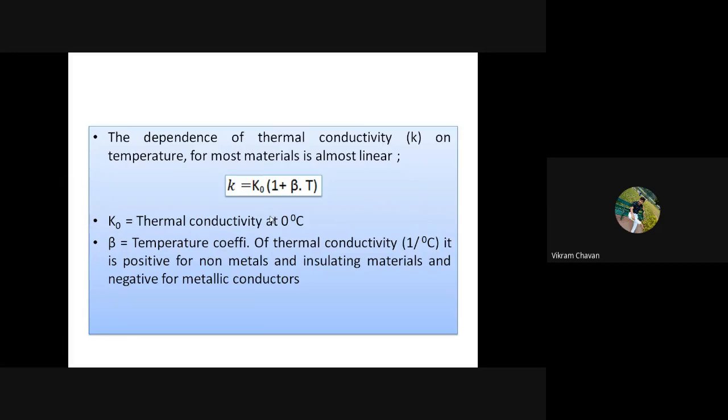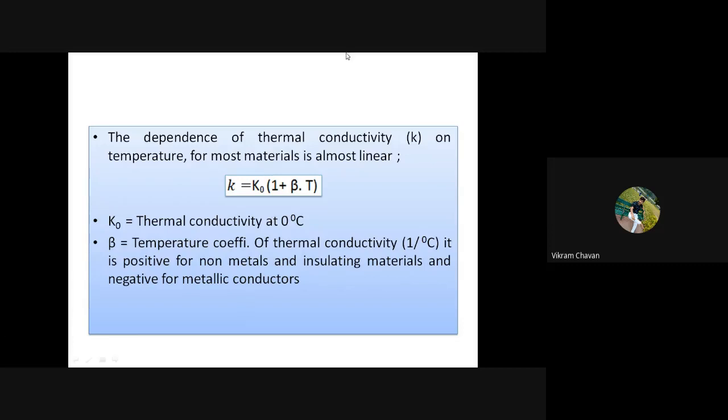So write down: the dependence of thermal conductivity K on temperature for most materials is almost linear.